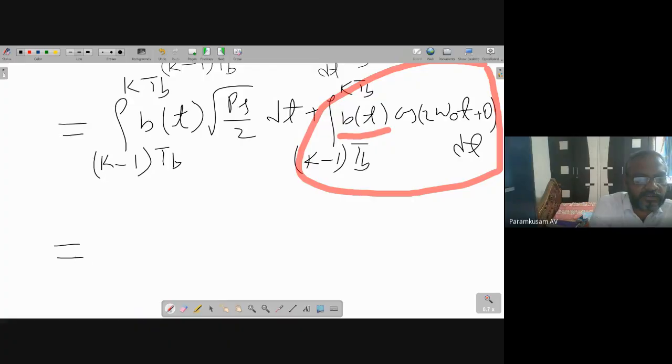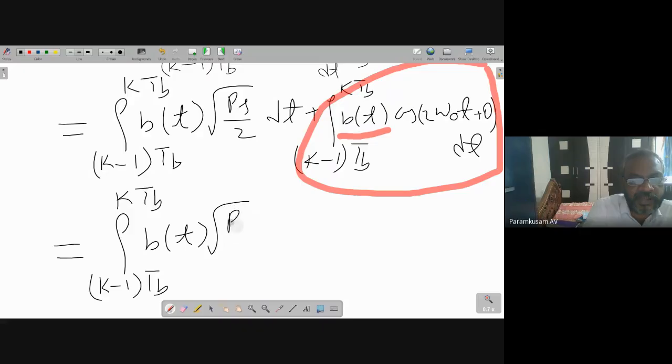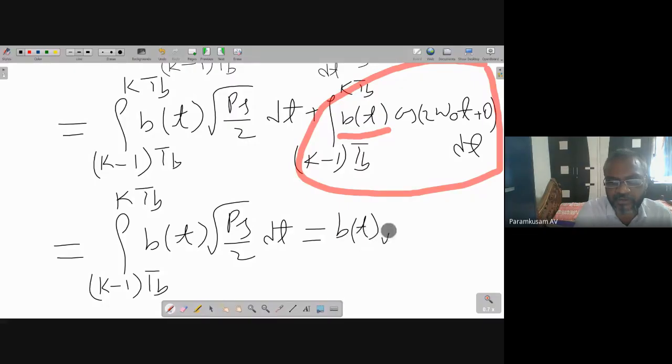This is equal to integration k-1 tb to ktb of b of t into root over ps by 2 into dt. Here b of t into root over ps by 2 is a constant. So you write it b of t into root over ps by 2 into t.